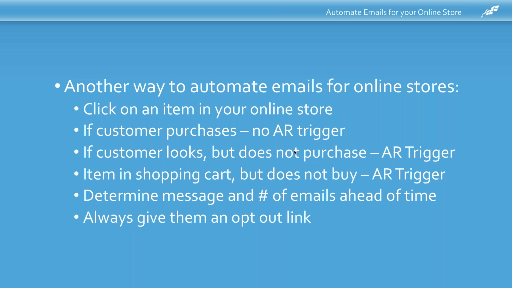Let's say they've looked at it, they've clicked, they've put it in their shopping cart, but they did not buy. Again, you could set another autoresponder trigger to maybe send them a coupon that's good for 24 hours or 48 hours discount if they purchase it and use that code within 24 hours.